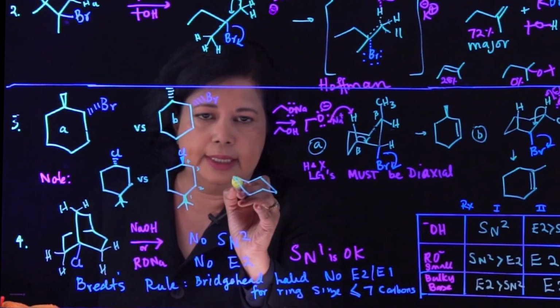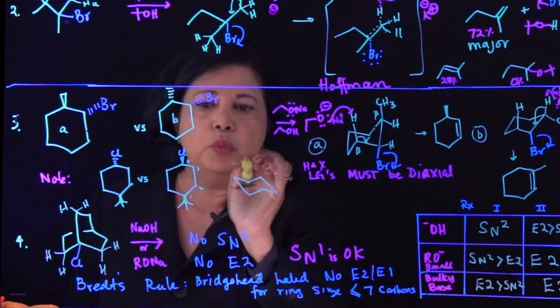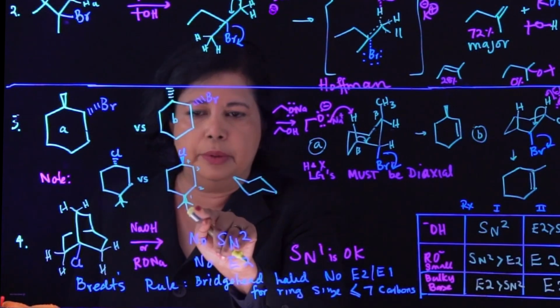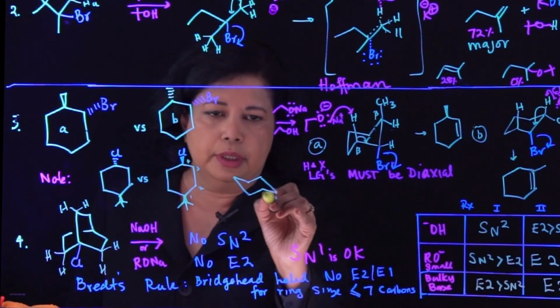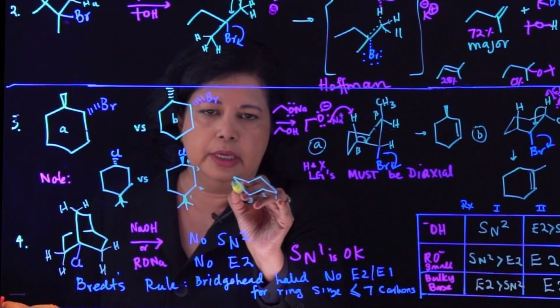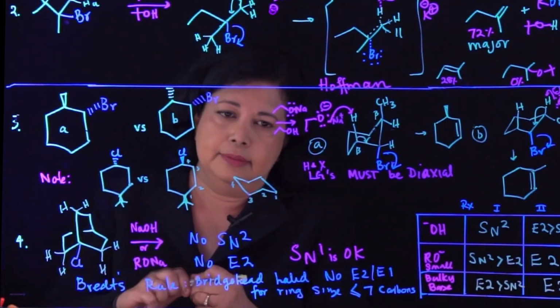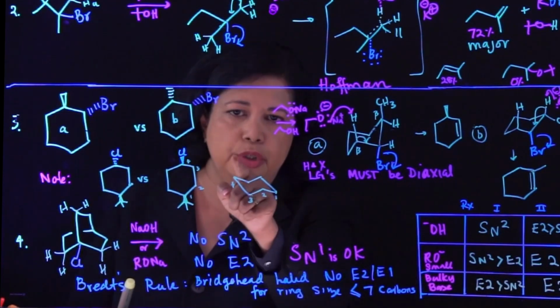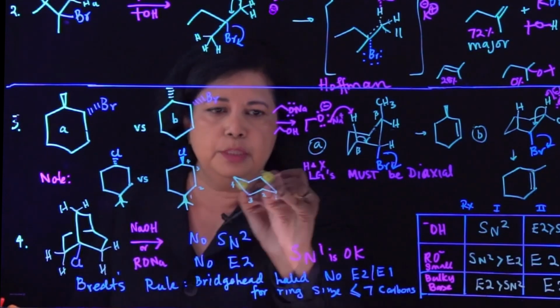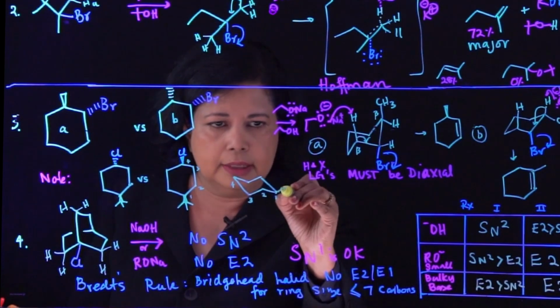Well, let's look at that. So as we said, we want our t-butyl to be equatorial because that's the big honcho guy. It doesn't like to be propped up or hanging down because it's going to be bumping into these hydrogens here. So let's put that group on the side like this.